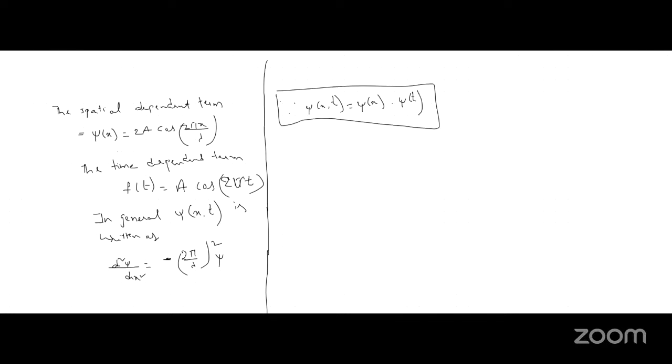Next, as we know, p equal to h by lambda. From this, another formula: 1 by lambda equal to p by h. Now I will substitute this here.